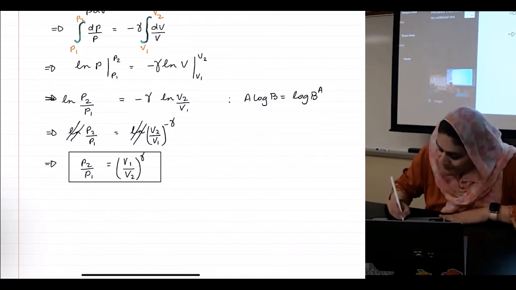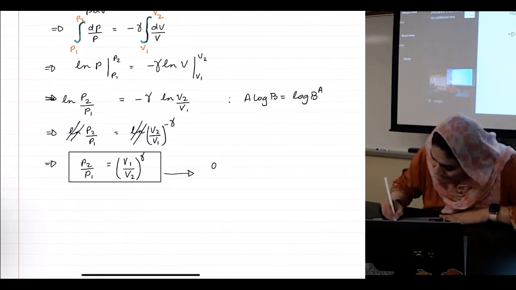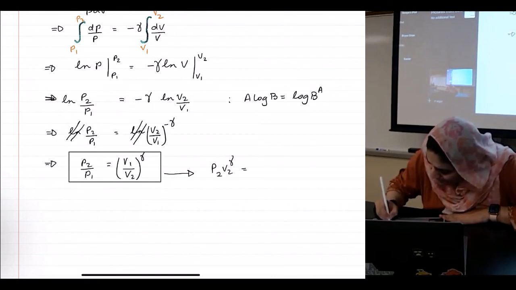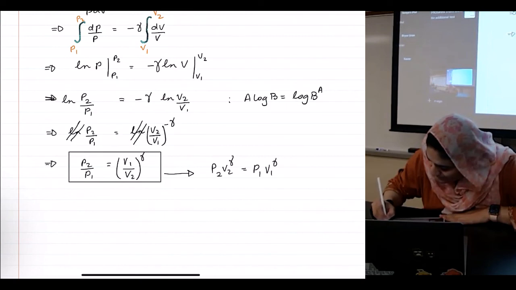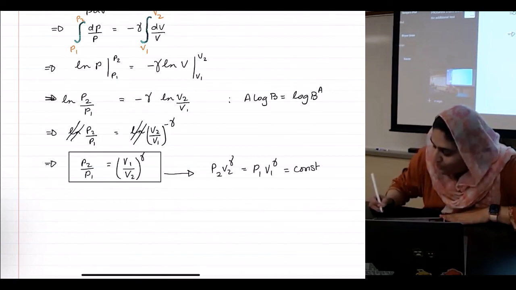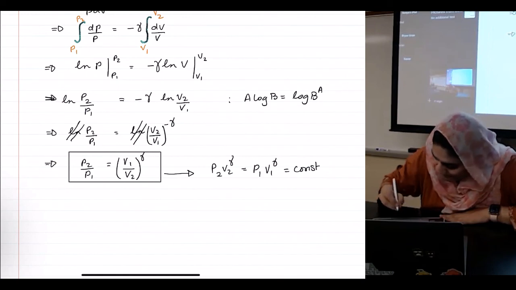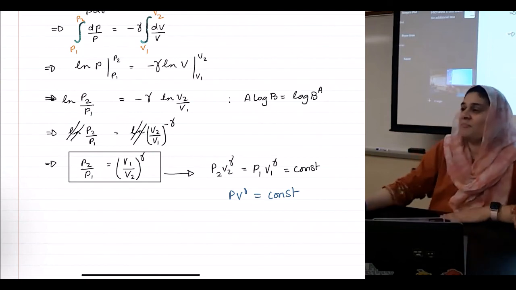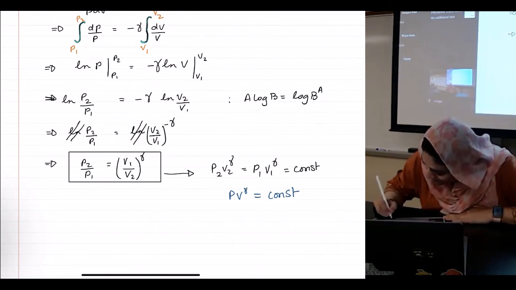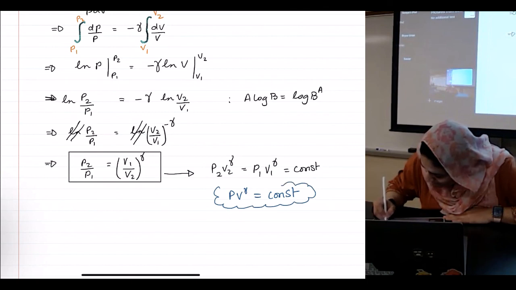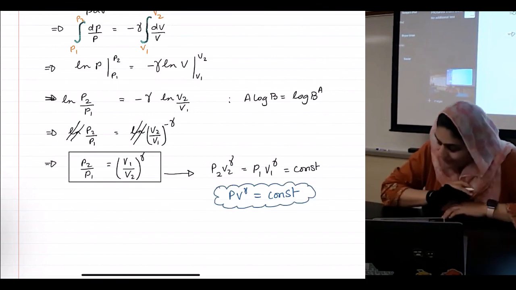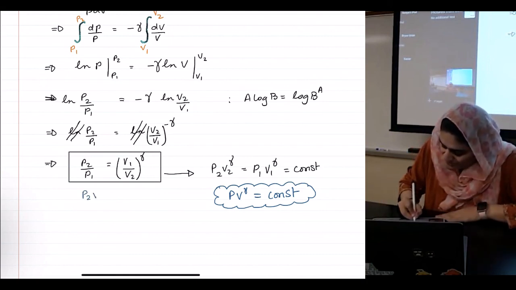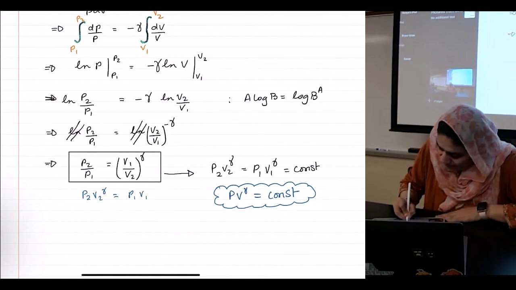And you would probably have seen this written like P2 V2 gamma equals P1 V1 gamma equals a constant, or I can generalize it to say, drum roll, done. How do you get gamma on those? How do I get gamma on the V's? I don't. This is basically P2 V2 gamma equals P1 V1 gamma.